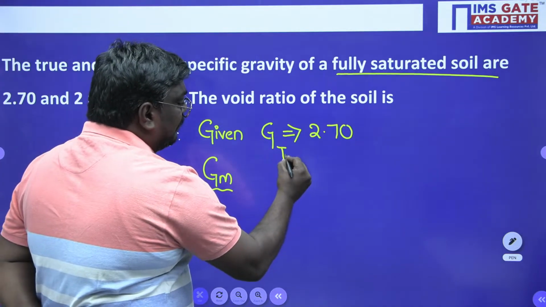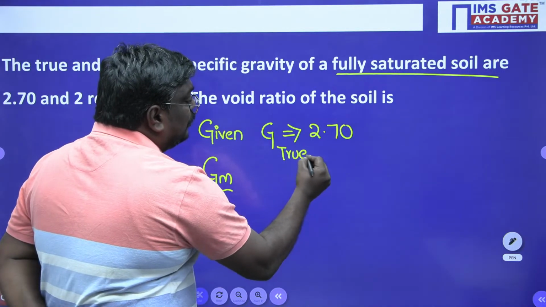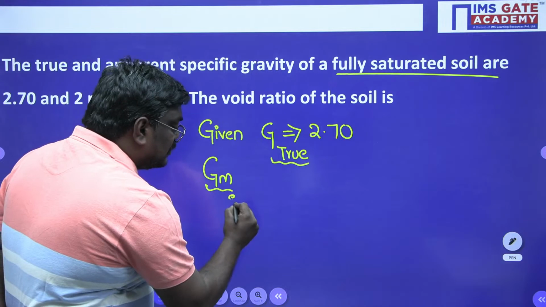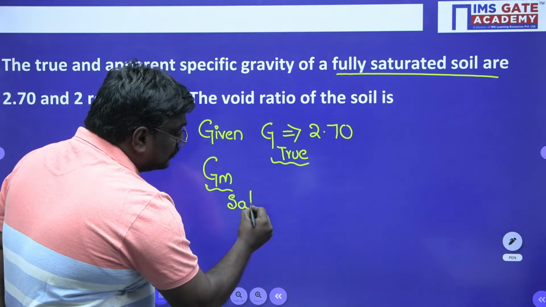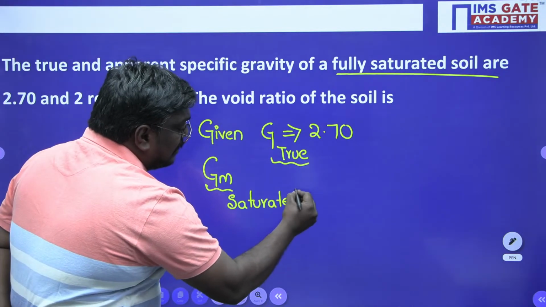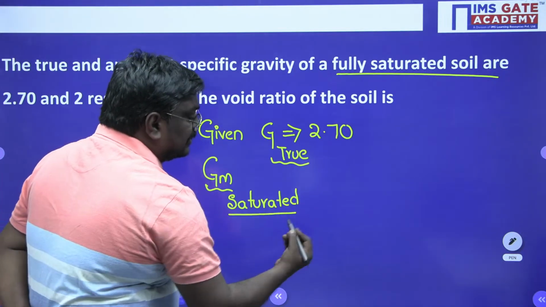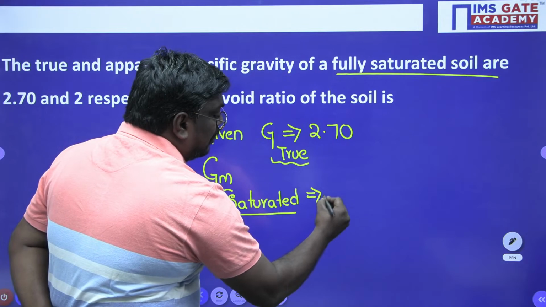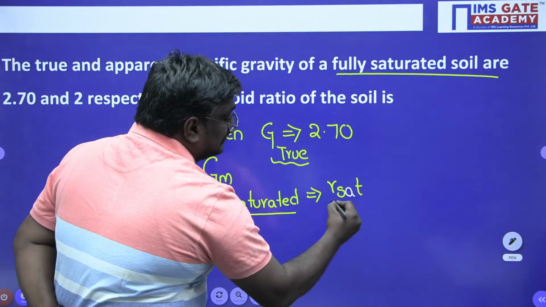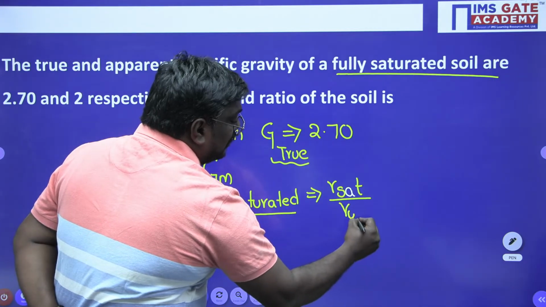In the problem, it is called the true specific gravity. And the mass specific gravity is in which state? It is in saturated state, for your information, students. So here the mass specific gravity of saturated state is given by the formula gamma sat upon gamma W.